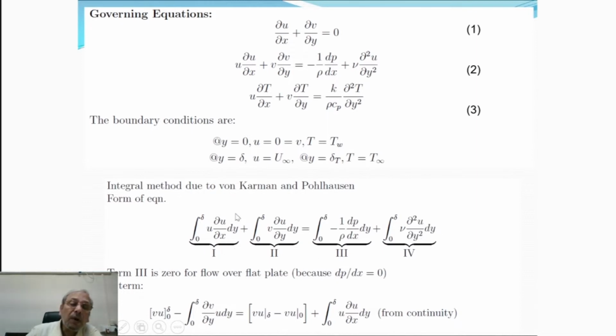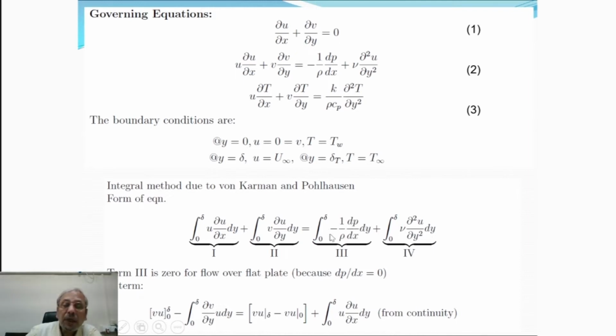This we can locally define as term 1, term 2, term 3 and term 4. Now term 3 is 0 because for flow over a flat plate we know that dp dx is 0.